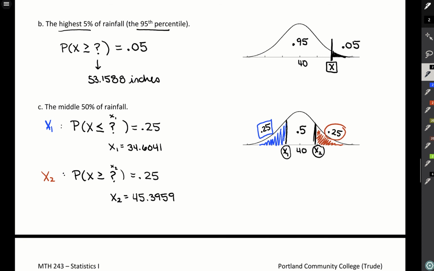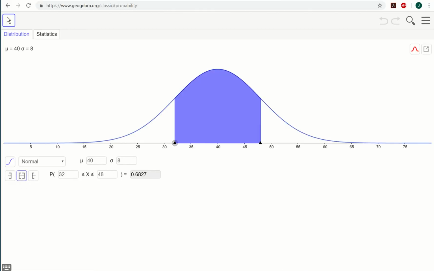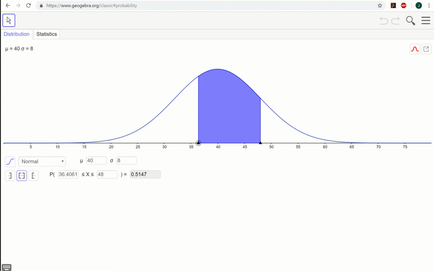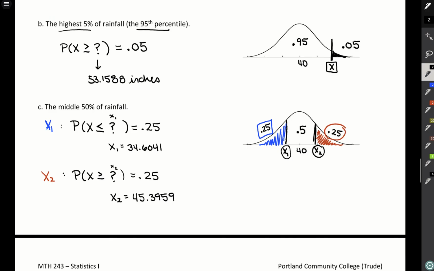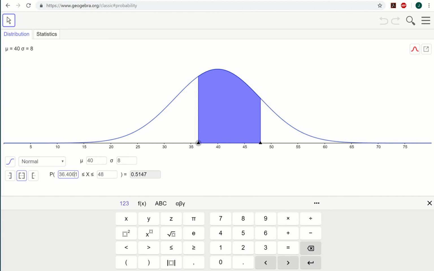And we could double check it if we go back to GeoGebra and say we're between two values. We have that 36.4061. Just let me double check that real quick. 6041. A little mixed up.